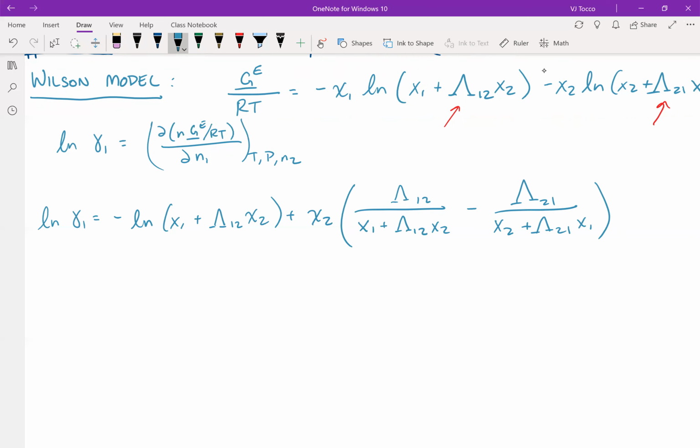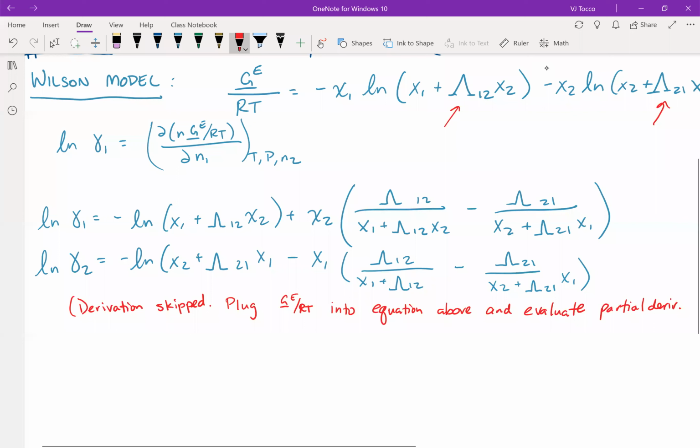Once again, I'm skipping the derivation. I'm just going to write the other expression. So there is the expression for the second activity coefficient as well. Once again, I'm skipping the derivation. It's very long, involves a lot of math, and I don't want to make a mistake.